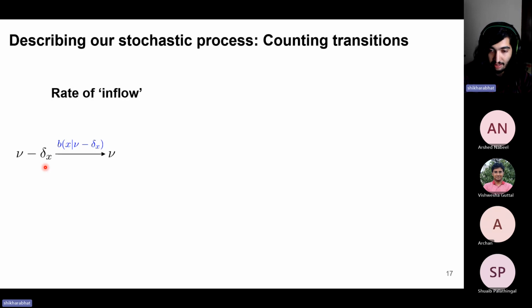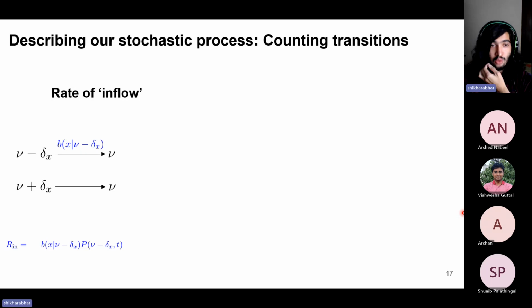So I can calculate my rate of inflow as this transition rate times the probability of finding such a population in the first place. So the rate is the probability that I find the population nu minus delta x times the rate at which nu minus delta x transitions to nu, which by our construction is this birth rate function b of x given nu minus delta x.